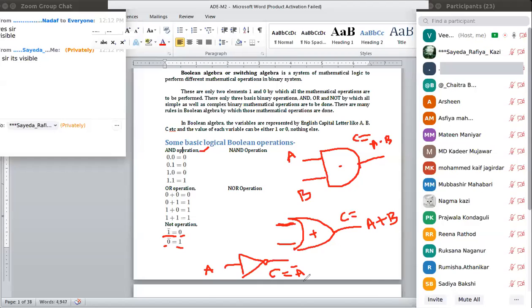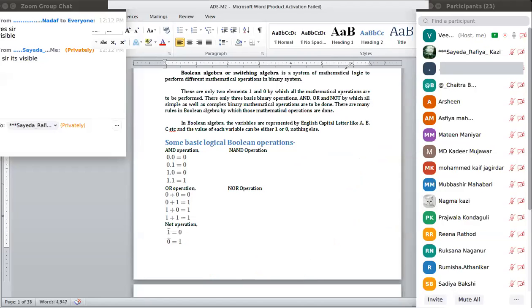Okay, so these are the simple basic logic functions of Boolean algebra. Hope you are understanding. I'll go for the next point now. These are the main essential parts that we should know before going for Karnaugh maps, K-map, before starting the second module.